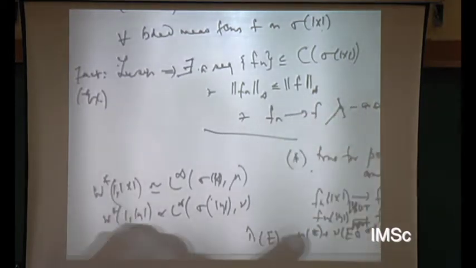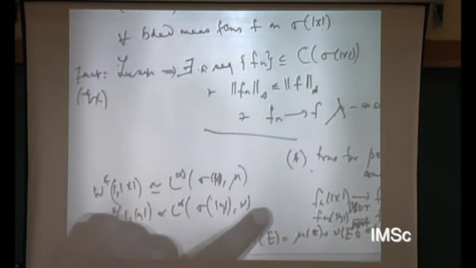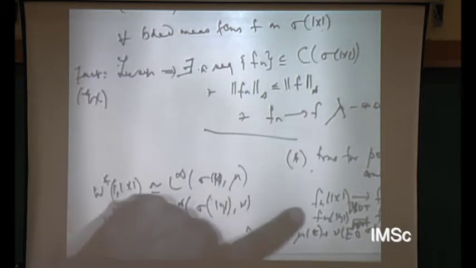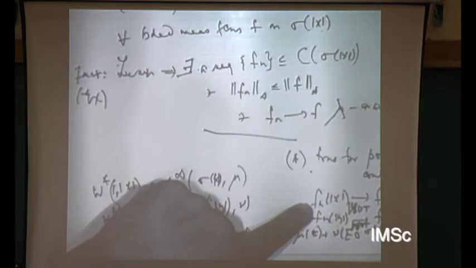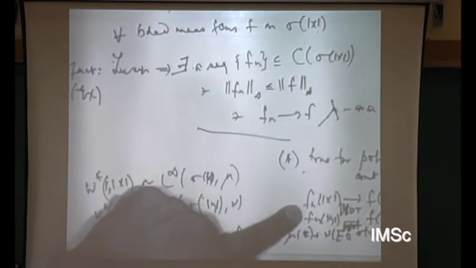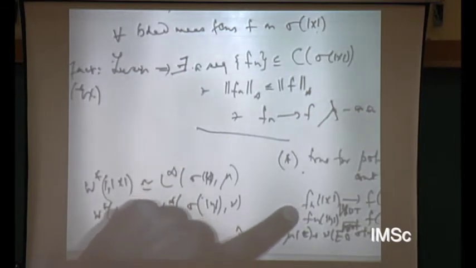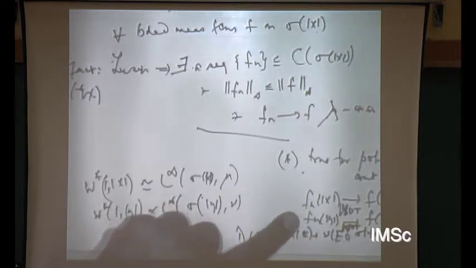So Fn mod x converging WOT is the same as saying Fn mod x converges sigma weakly to F mod x. And similarly, Fn mod y converges to F mod y sigma weakly.